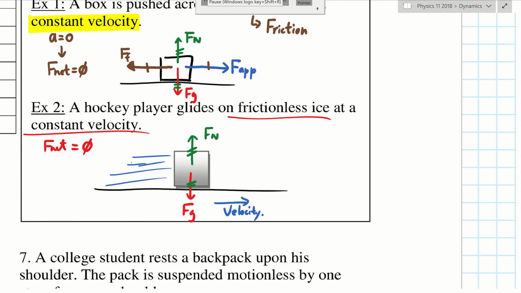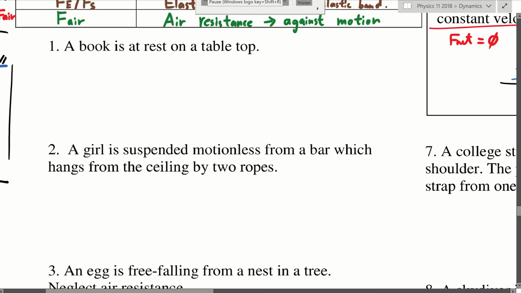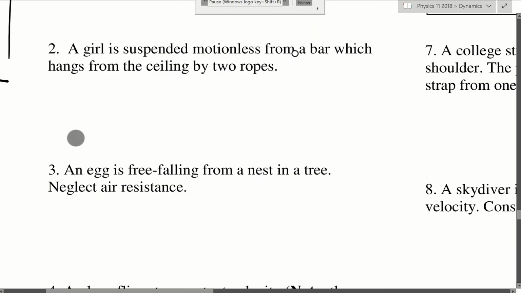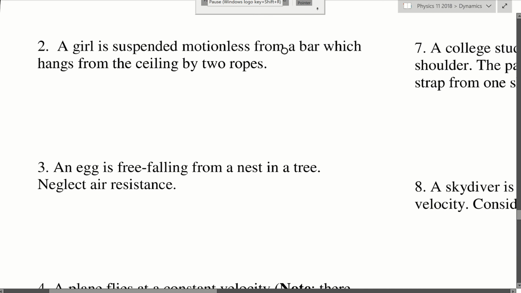Now, what I want you to do right now, at this part of the lesson, is to draw all 11 of these free body diagrams. So you pause the video, you draw all of them, and you come back to the video and you compare the answers. Now, of course, I'm not going to stop.